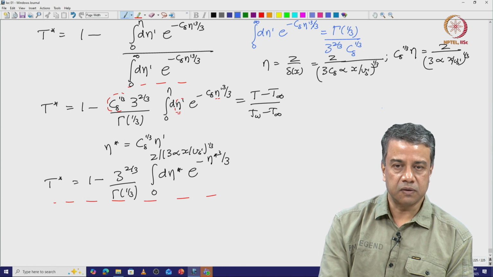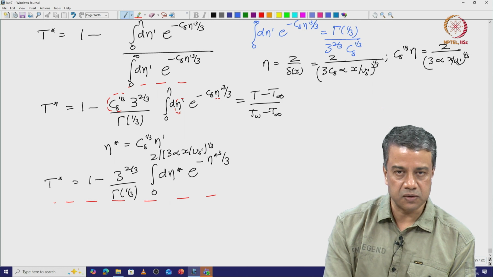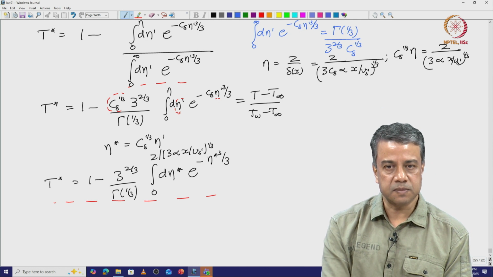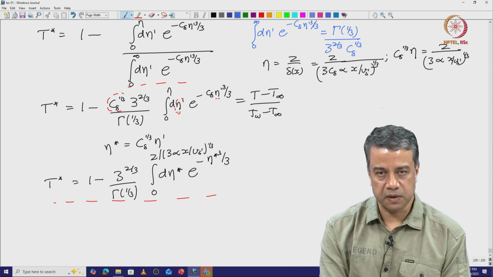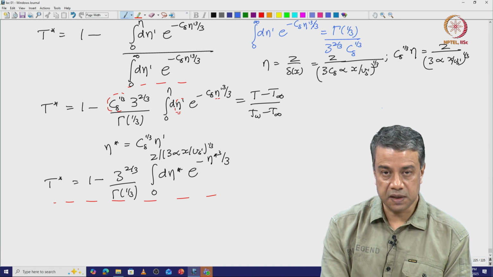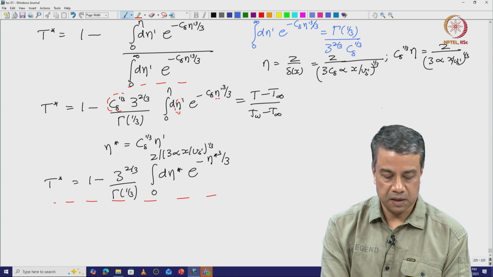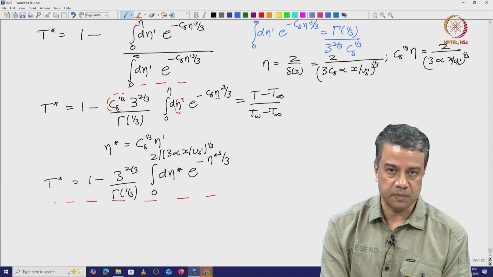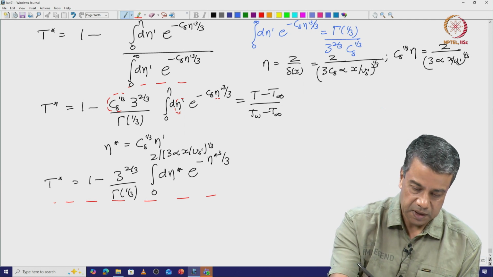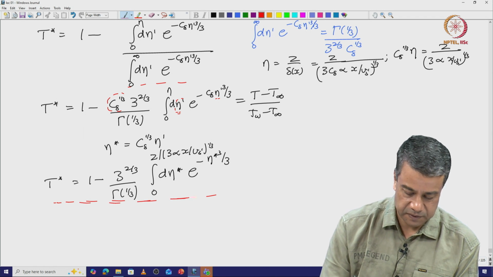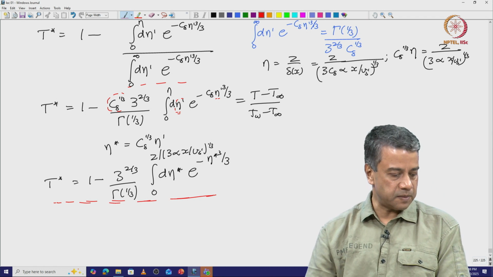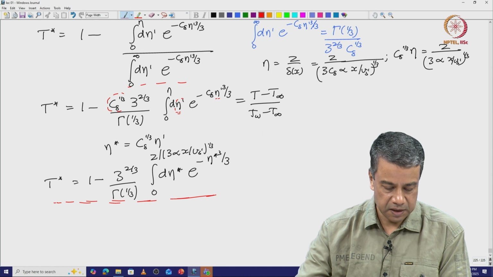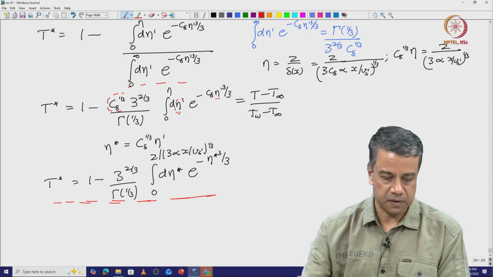Therefore, even though we have imposed a constant here in order to get a similarity solution, the temperature in terms of the similarity variable depends upon C delta, and the boundary layer thickness depends upon C delta, but the temperature in terms of the original variables x and z cannot depend upon C delta.